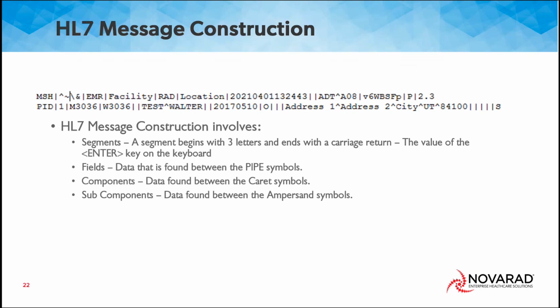And what that means is that every field, instead of being separated with a pipe, would be separated with a comma. And the component fields would also be separated with a comma, and the subcomponent fields would also be separated with a comma. And so that message would start getting longer and longer and stretched out.